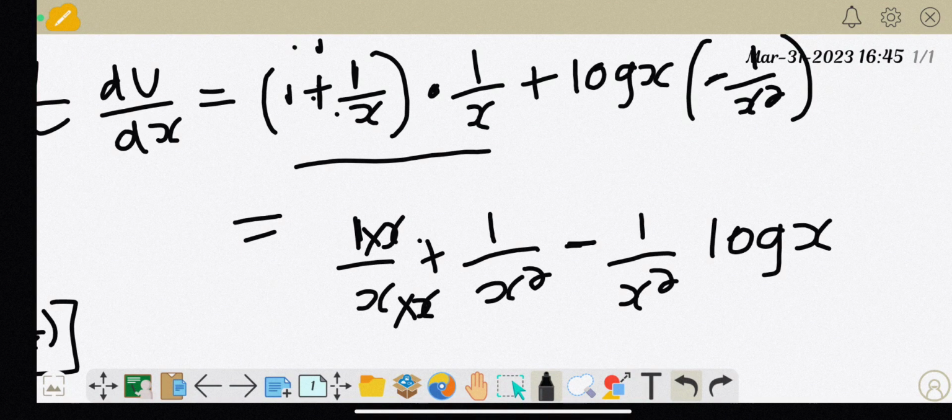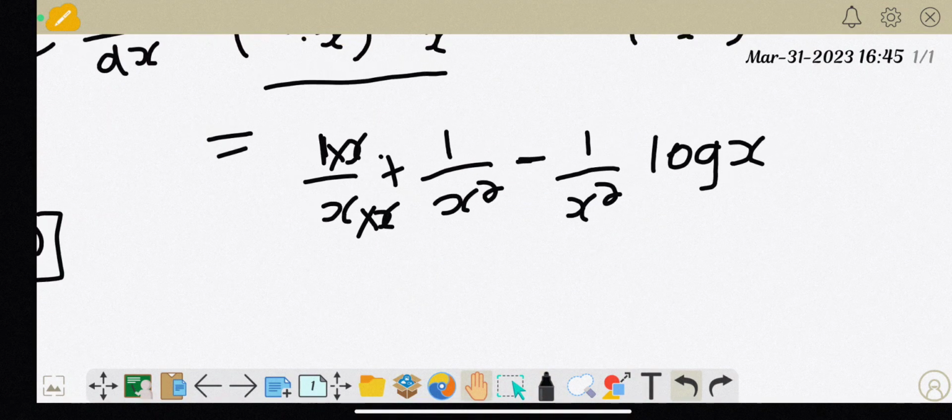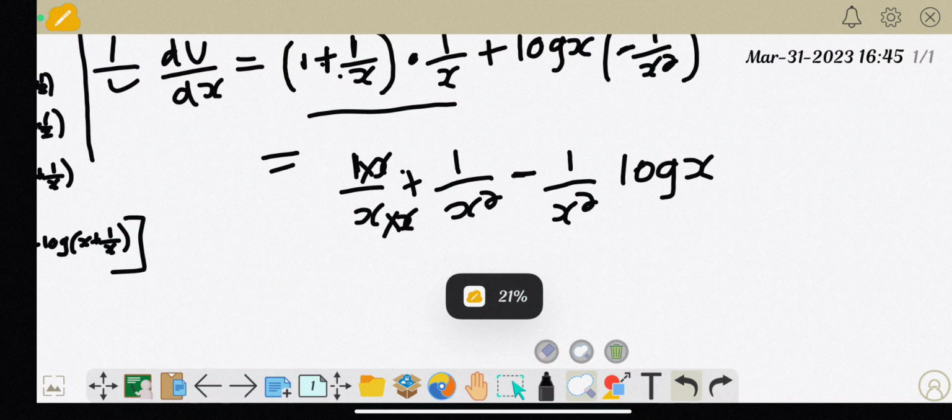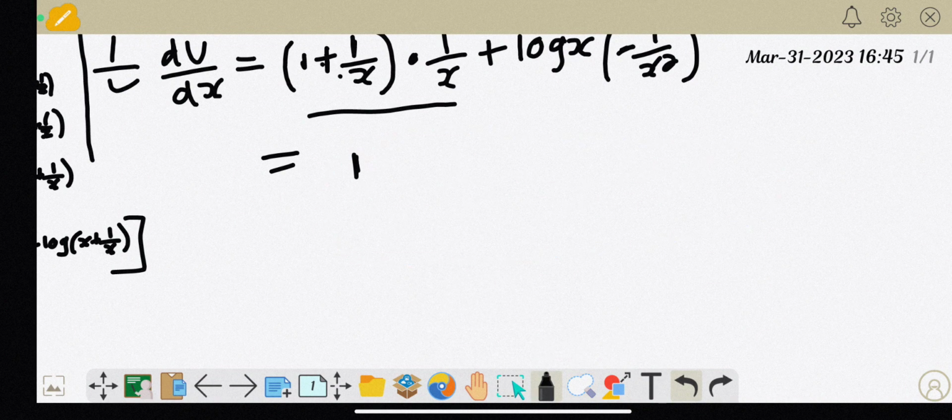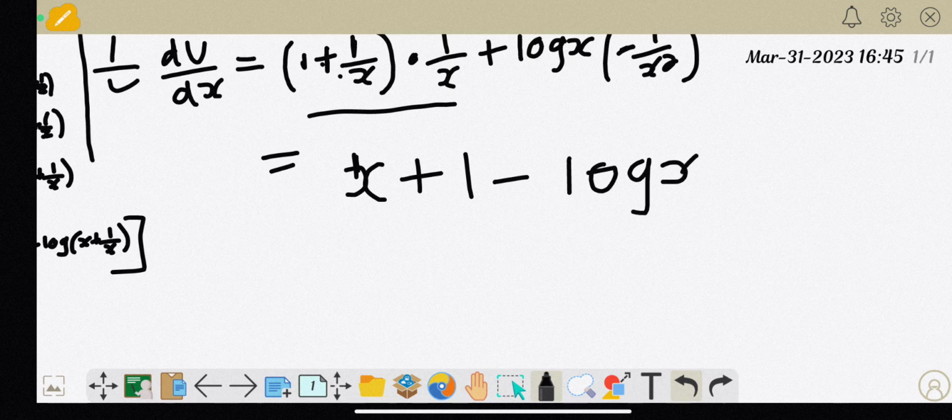Okay, so what happens? I can write, instead of this term, I can directly write x plus 1 minus log x divided by x square.